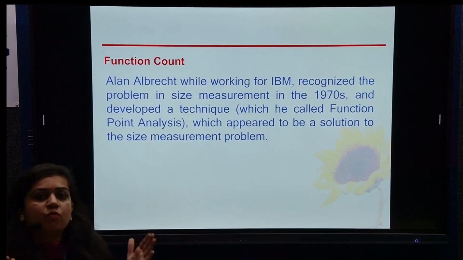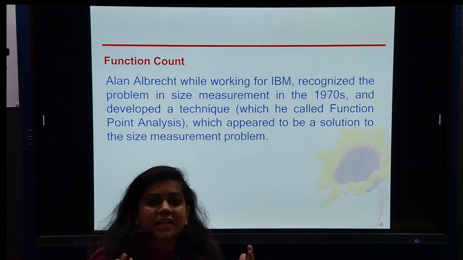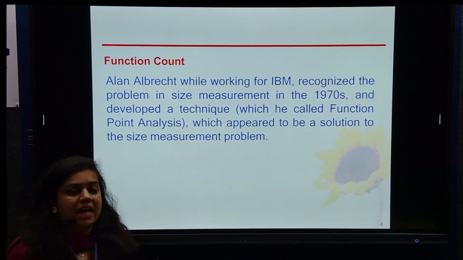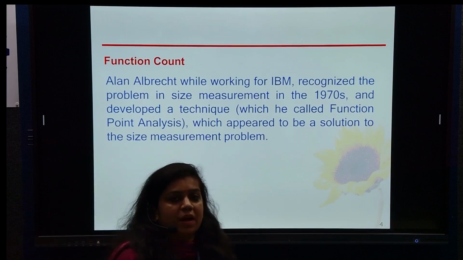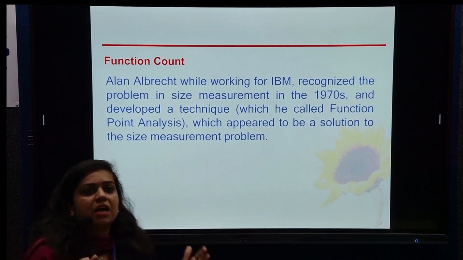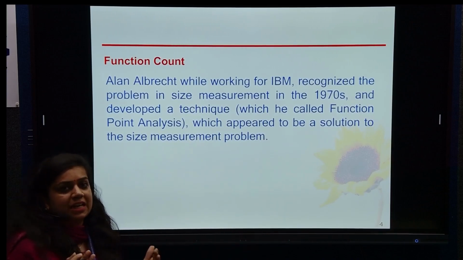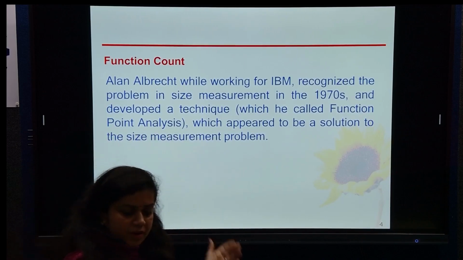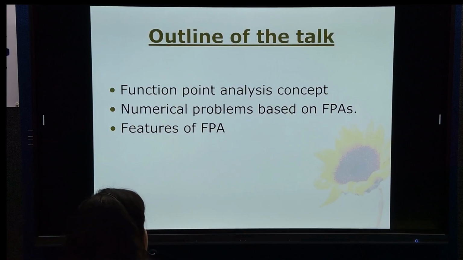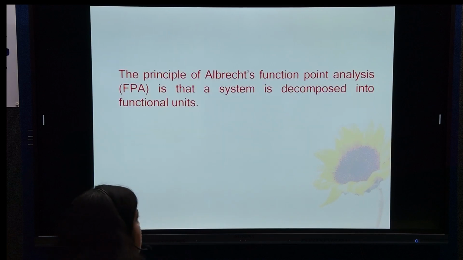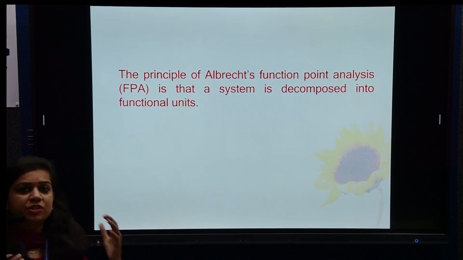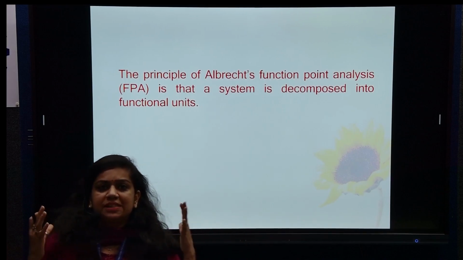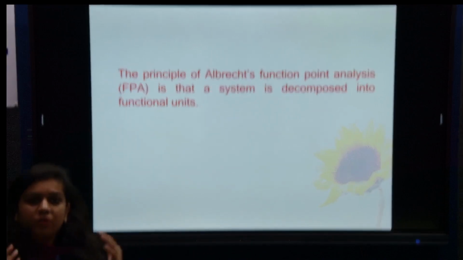Allan Albrecht, while working for IBM in 1970, recognized the problem of size estimation, and after that he developed a method known as function point analysis, which is the solution to the size measurement problem. The main principle of function point analysis is that it decomposes the whole system into 5 functional units.